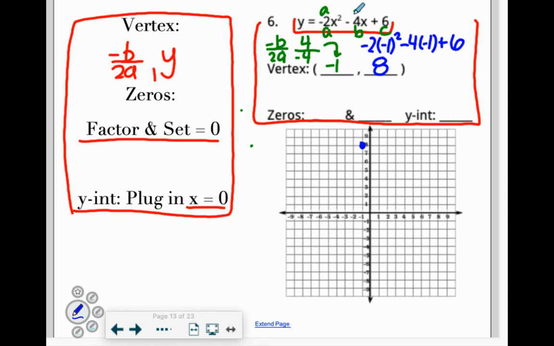Then for your zeros, you have to factor. The first thing I see when I'm trying to factor this is that I can divide everything by negative 2. Then I just need two numbers that multiply to negative 3 and add to 2. That's 3 and negative 1.